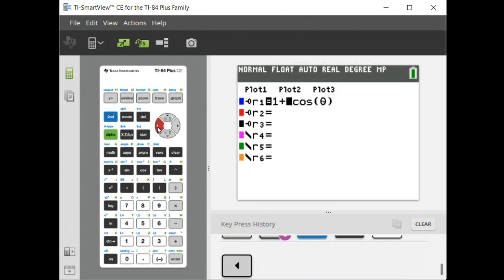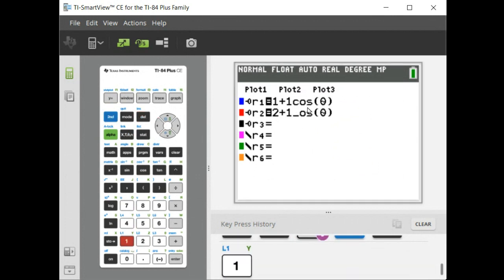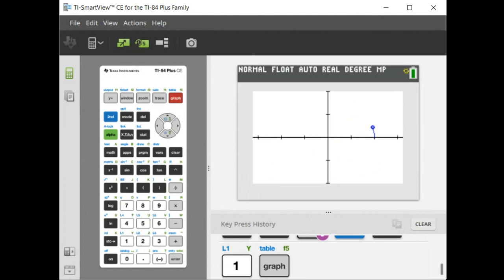I'm going to change some numbers around and see if you can notice the difference between the graphs. I'll leave the blue one there and change the red one to 2 plus cosine theta. Then I need you to identify the difference between the two, and figure out if there's a pattern.